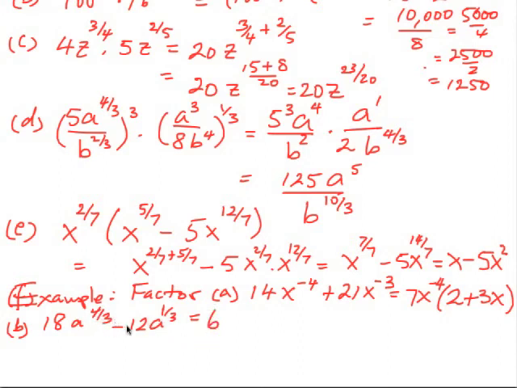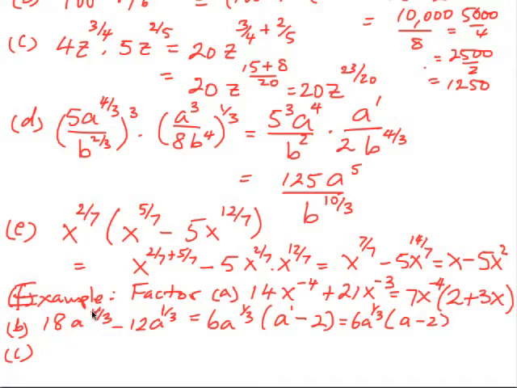Now if I was to take out a 4/3, or if I was to take out a 1/3, what would happen if I took out a 1/3, for example? Then we would have a to the 1/3, and I'd have a to the 1, because that would give me 4/3, minus 2. So I'd end up with 6a to the 1/3 times a minus 2, which is a good factoring form.